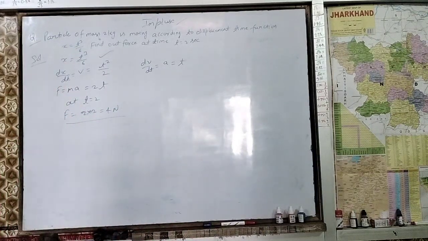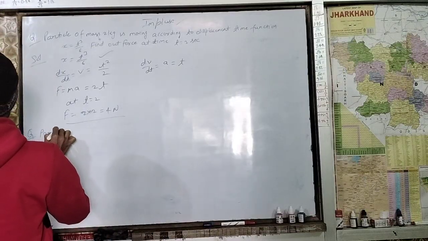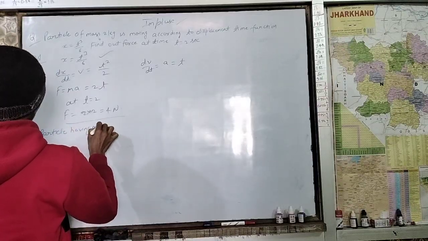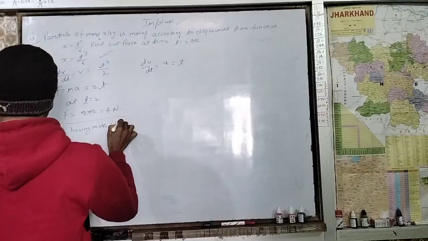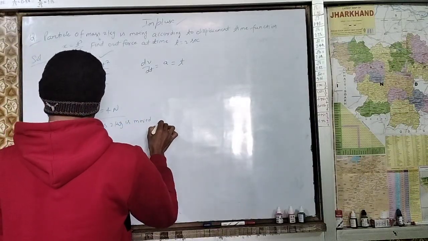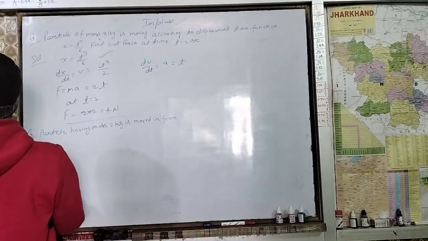This is our first question. Next: a particle having mass 2 kg is moved from rest.